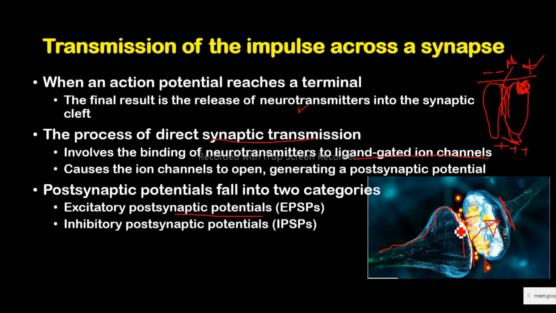Now if you open the gated channels for potassium ions, there will be an outflux of potassium ions. Remember, I have more potassium ions inside, so the potassium ions will come from inside to the outside. If potassium ions come out, then the inside will be highly negative than normal, and that one we call hyperpolarization. In other words, the membrane is going to be hyperpolarizing.